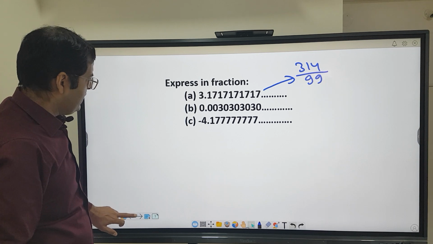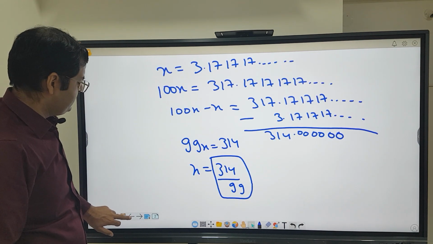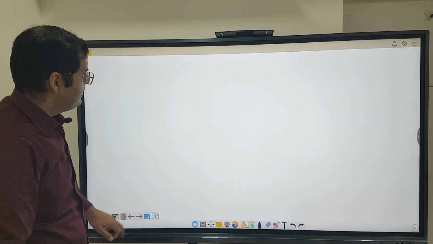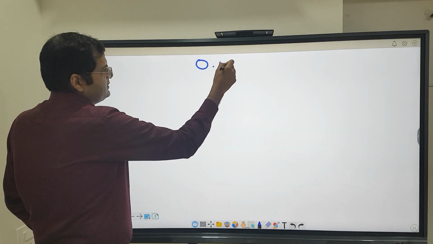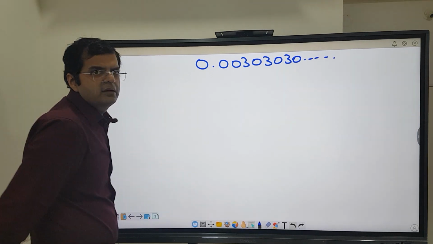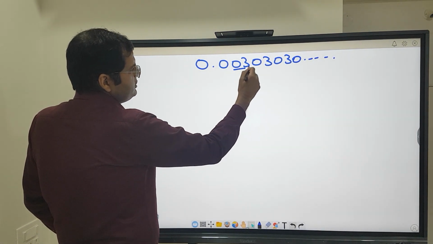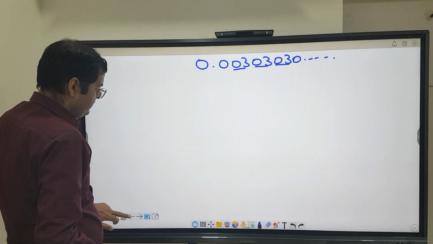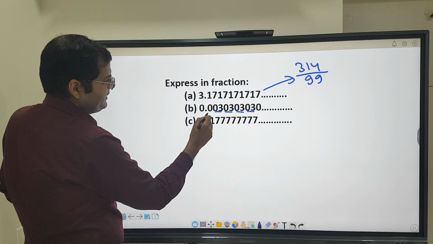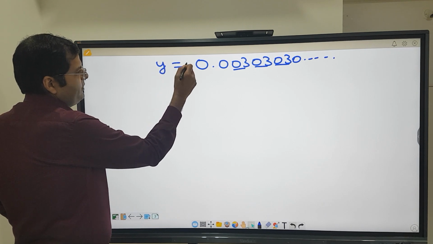Now the next one says 0.00303030 and so on. If you look at it, 03030303 is getting repeated, with an additional 0 at the beginning. So first of all, let us assume this to be y.